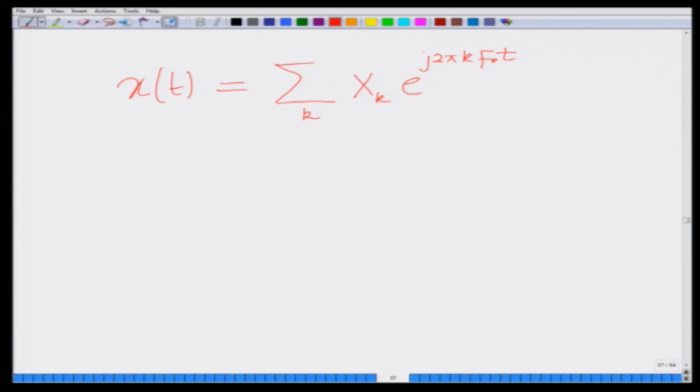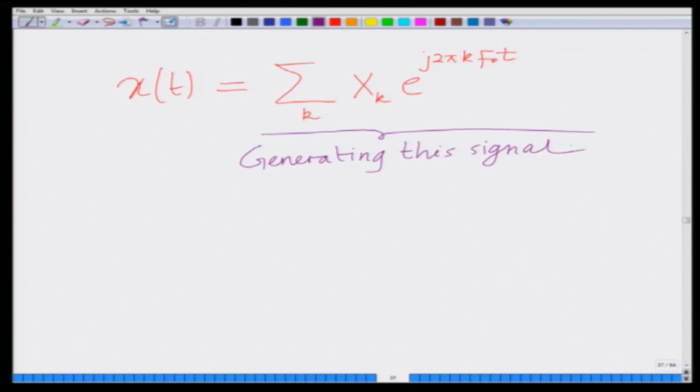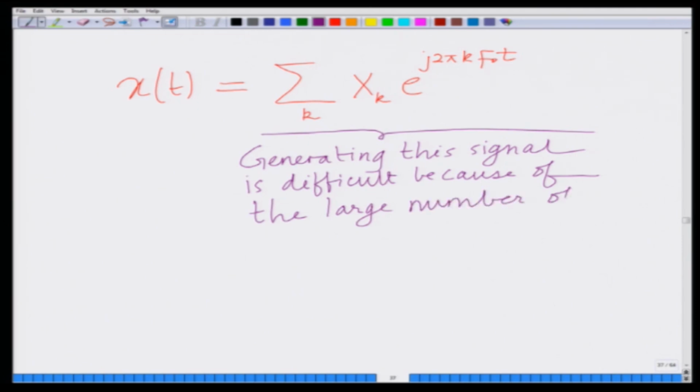Now, generating this signal is difficult because of the large number of subcarriers. For instance, we are talking about N, the number of subcarriers.